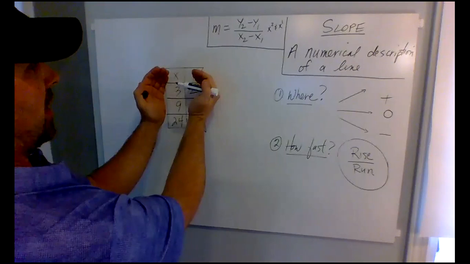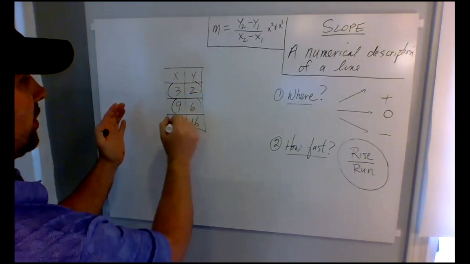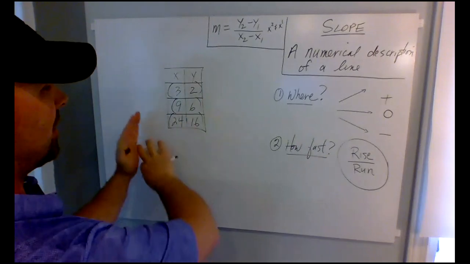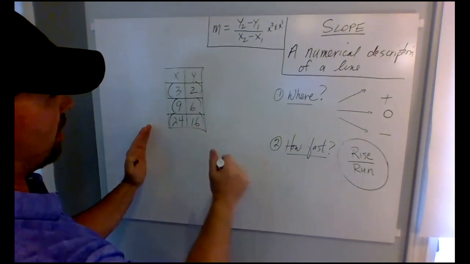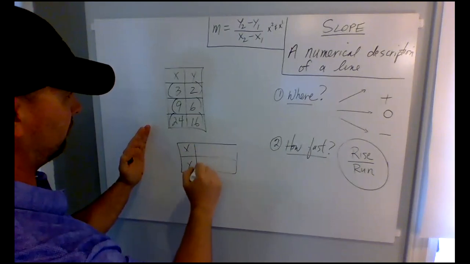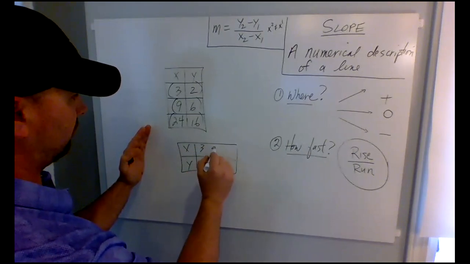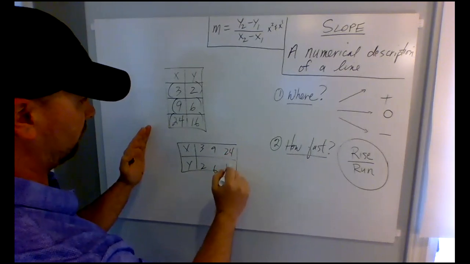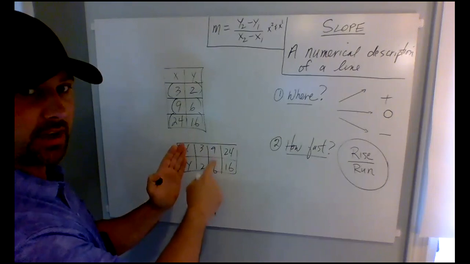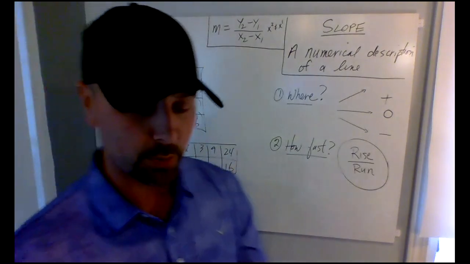But an x and a y go together. So here's a coordinate, there's a coordinate, there's a coordinate. Just pick two of them. They could have something like this, but going this way as well. Okay, just know an x and a y, x and a y, x and a y. Pick two of those points.